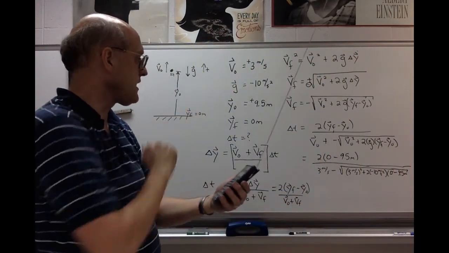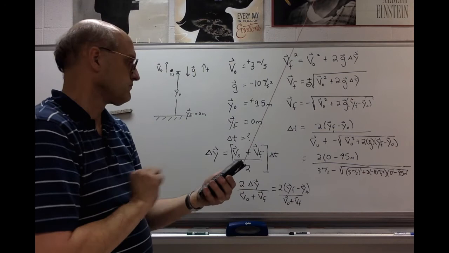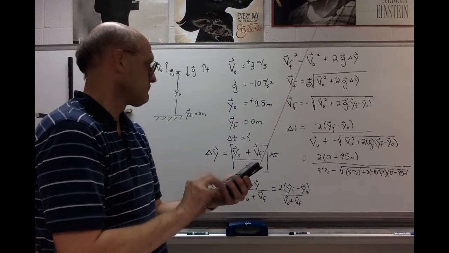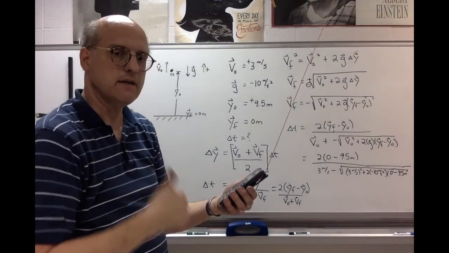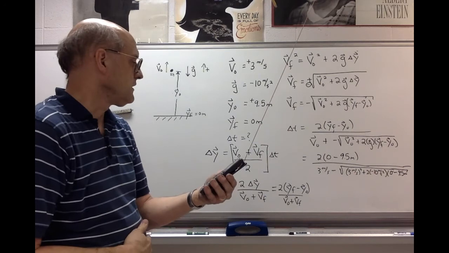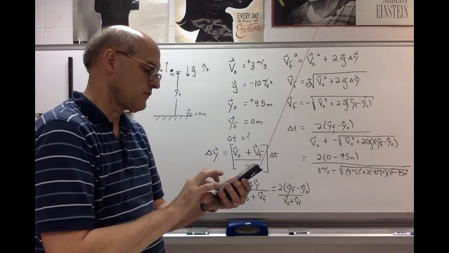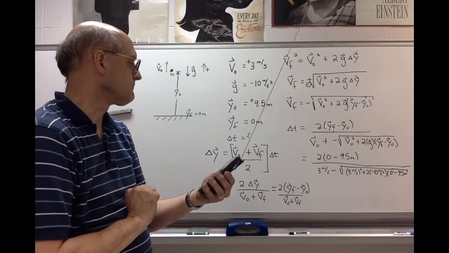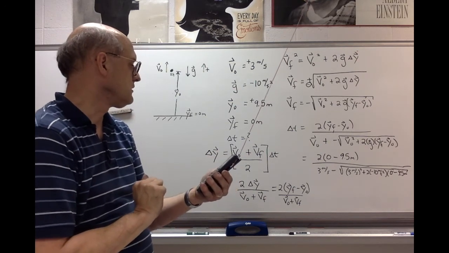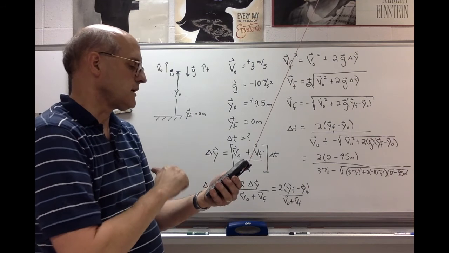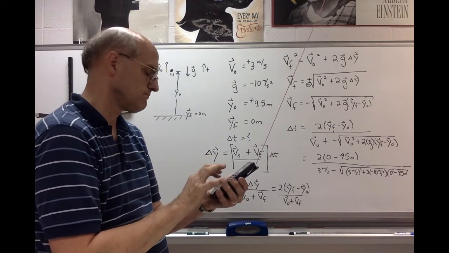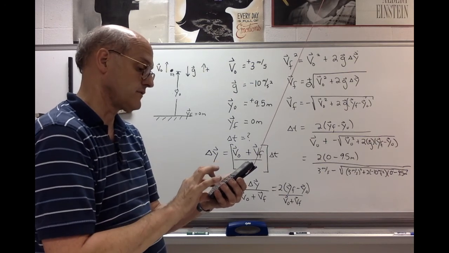So I'm going to do the denominator first. I get 190, now I have to take the square root of that, and I get 13.78. I am going to subtract that from 3, and then I'm going to divide that into negative 9.5 times 2.